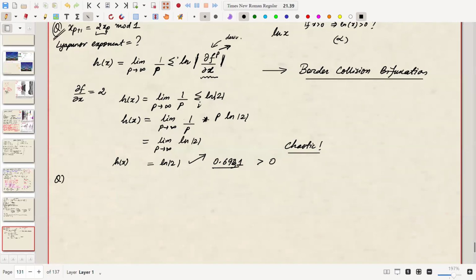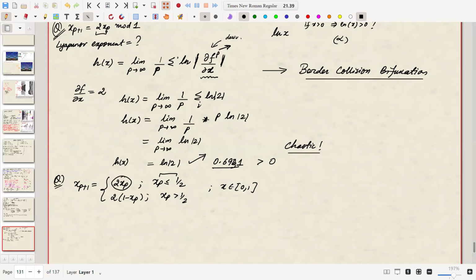Now let us consider another example where there is a discontinuity. We'll derive a very nice result here. x_{p+1} is 2x_p when x_p is less than 1/2, and it is 2 times (1 minus x_p) when x_p is greater than 1/2. Again, x belongs to [0, 1]. So when x is less than or equal to 1/2, you double it.